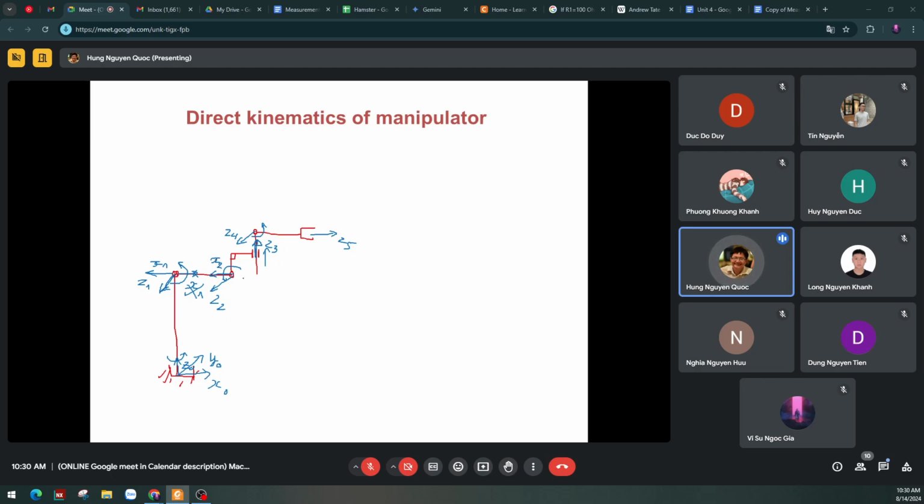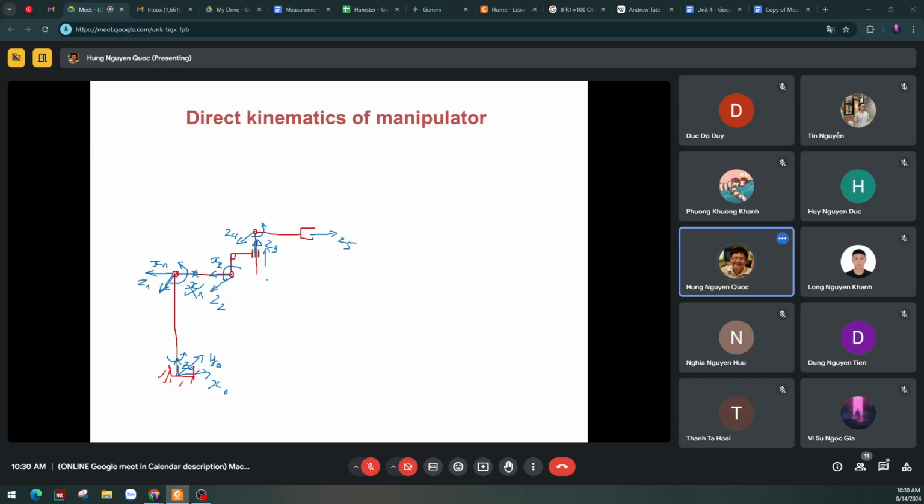Okay, I can choose in any direction. And of course X3 here. So how can you choose where X3 should be?